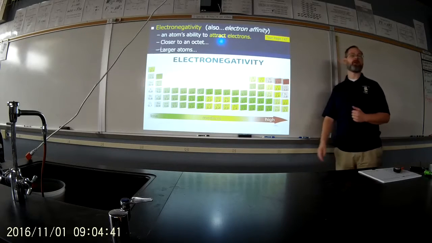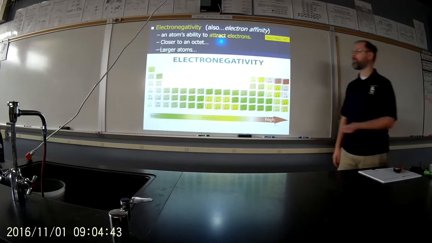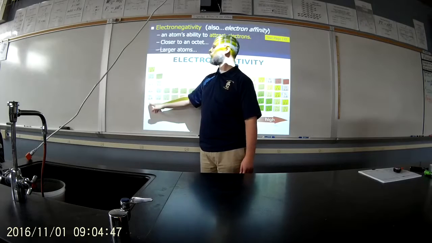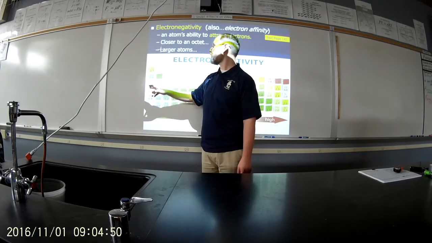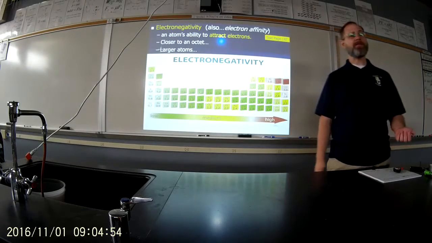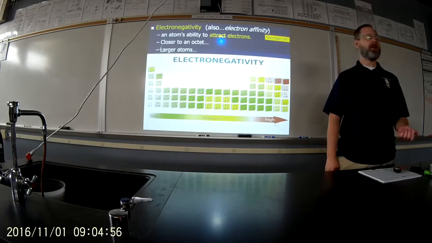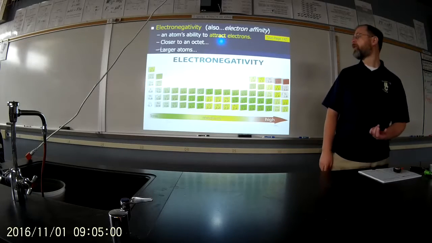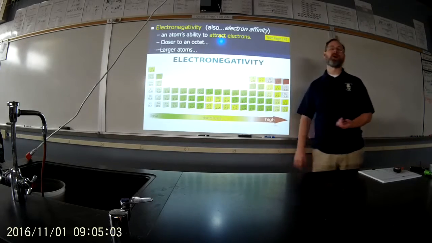It's going to work really hard too. On the other hand, when you have elements on the other side of the periodic table, look at what we're going to be calling the alkali metals. These have a very low electronegativity because they've got 1 outer electron. They're not interested in getting more. They have very low electronegativity. And we're going to use this principle a lot when we talk about bonding.